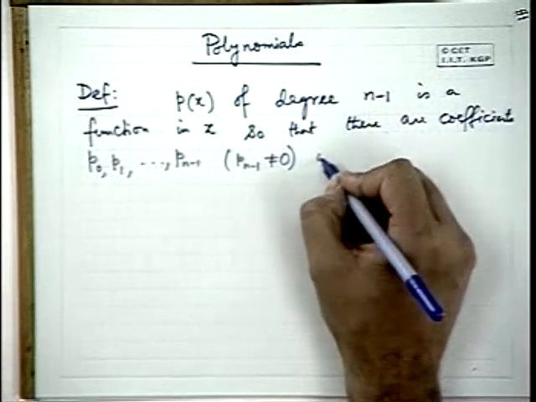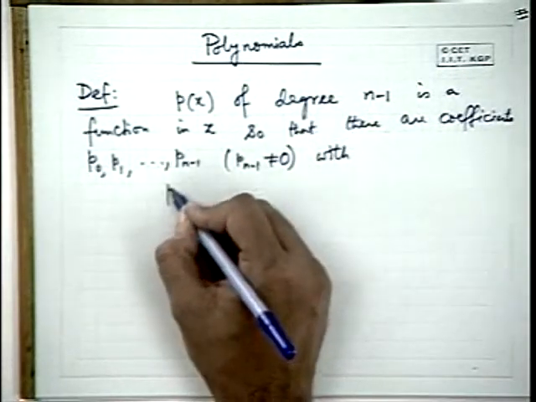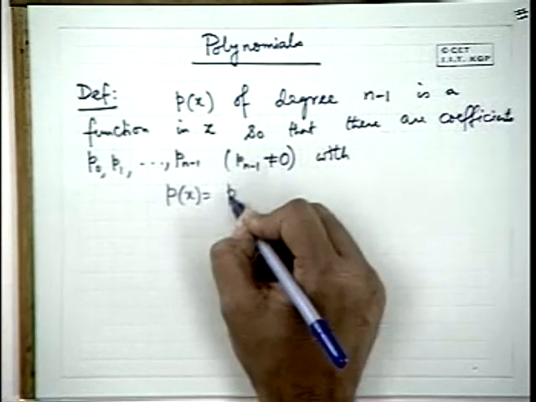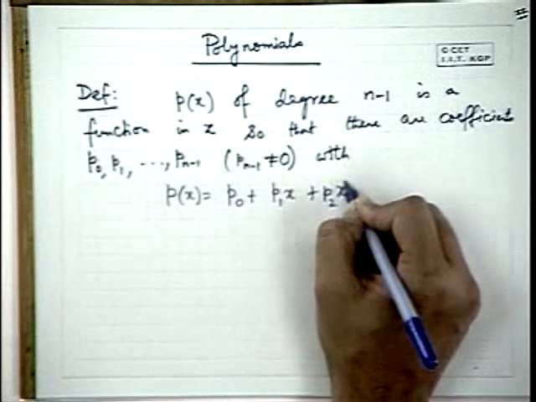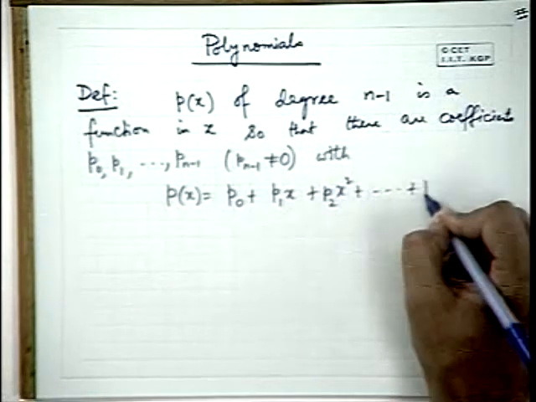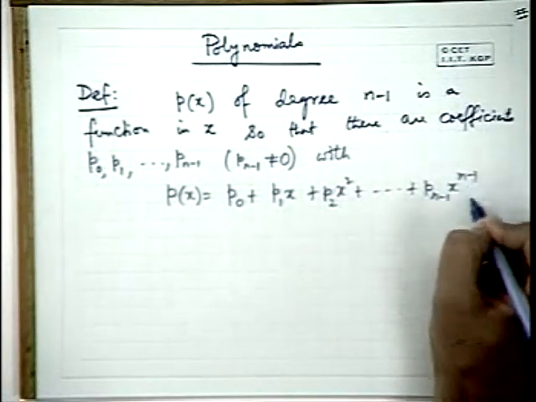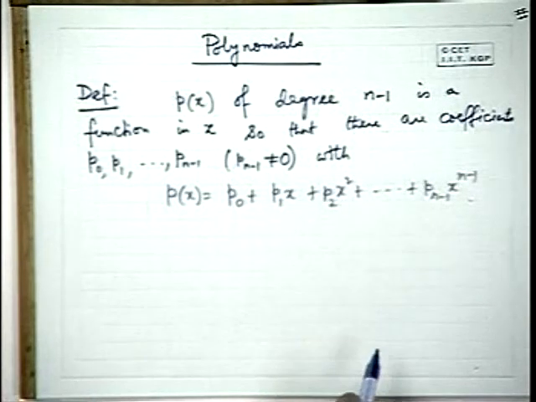That is why, P(x) is equal to, it is a very standard definition, P0 plus P1 x plus P2 x squared, it goes up to Pn minus 1 x^(n minus 1). So, that is the definition of our polynomials.